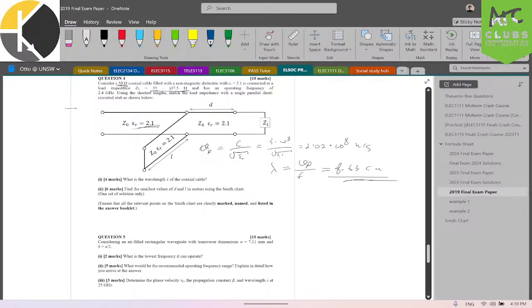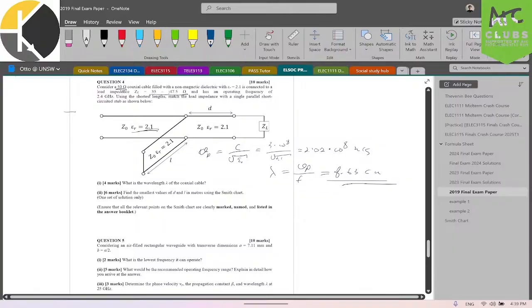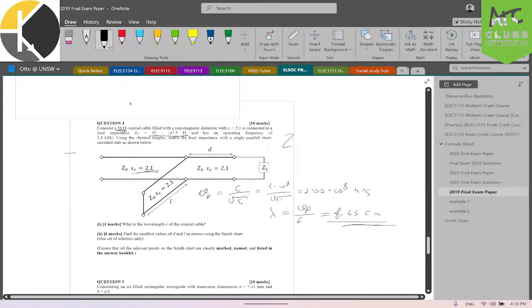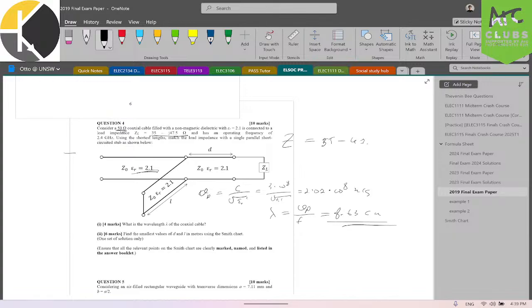And one last thing that we need to do, we need to normalize our impedances relative to the cable. So your Z is 35 minus 47.5 j ohms, and your small z, which is the normalized impedance, how it's usually denoted, is big Z on Z naught.